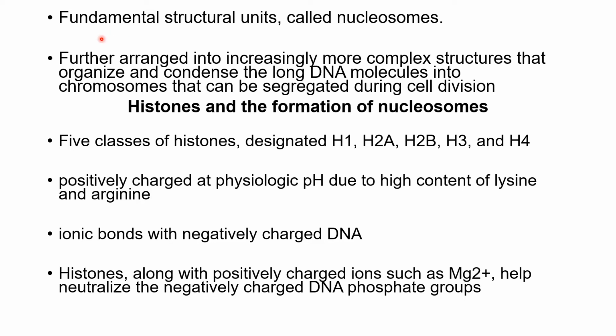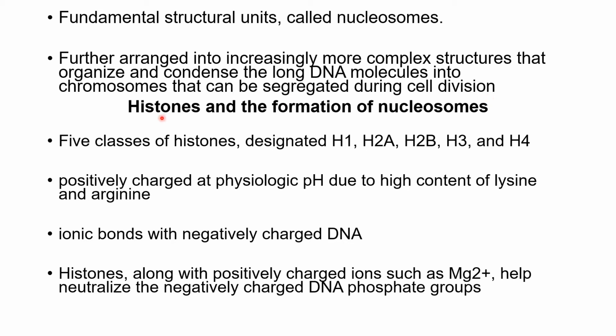These histones form the fundamental structural units known as the nucleosome, which are further arranged into more complex structures that organize and condense the long DNA molecule into chromosomes, and these chromosomes can be segregated during cell division.